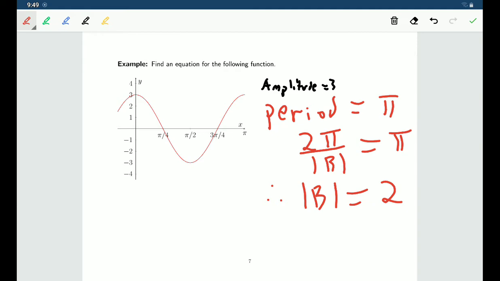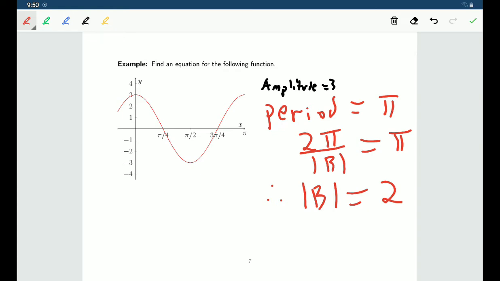Now, of course, is b positive 2 or is b negative 2? Well, the nice thing about this is, because it's a cosine graph, cosine functions are even. They're symmetric around the y-axis, which means if you did reflect it in the y-axis, it would look exactly the same. So b could be positive 2. You could say we've compressed it by a factor of 2. You could also say b is negative 2.